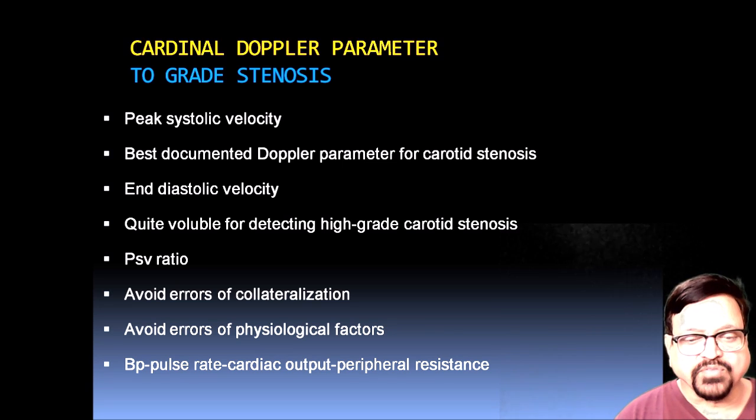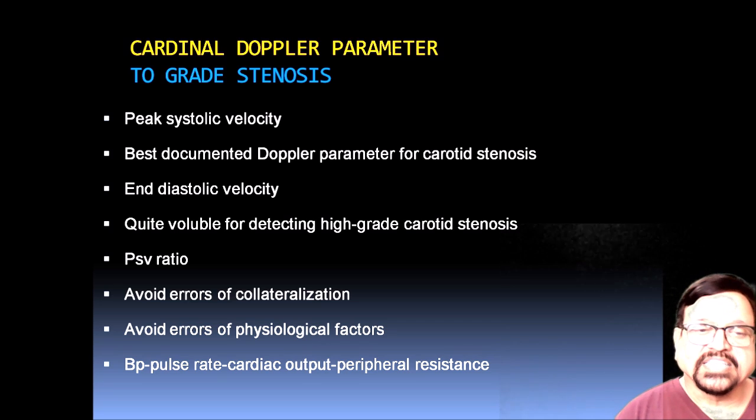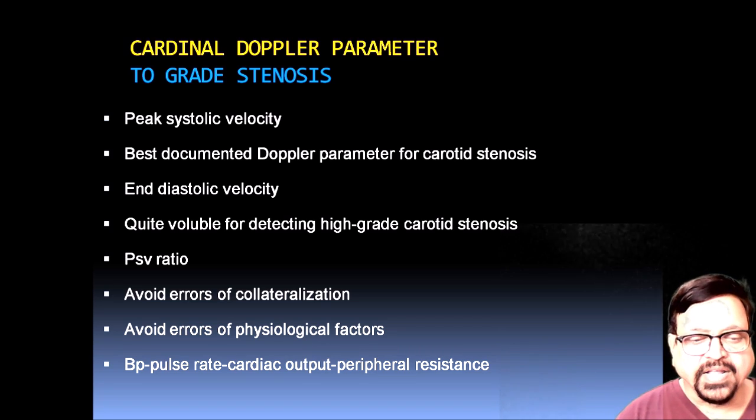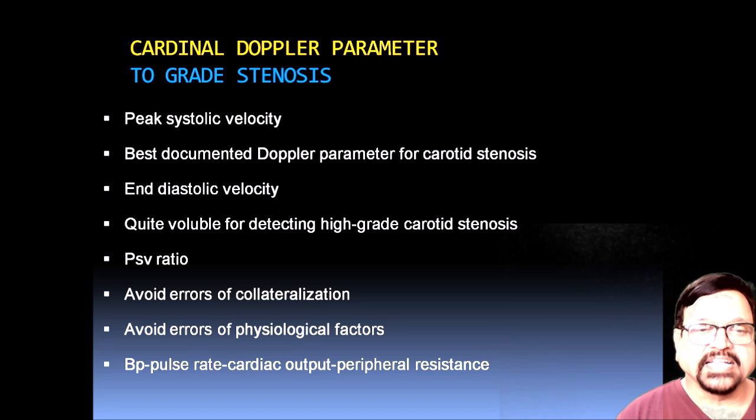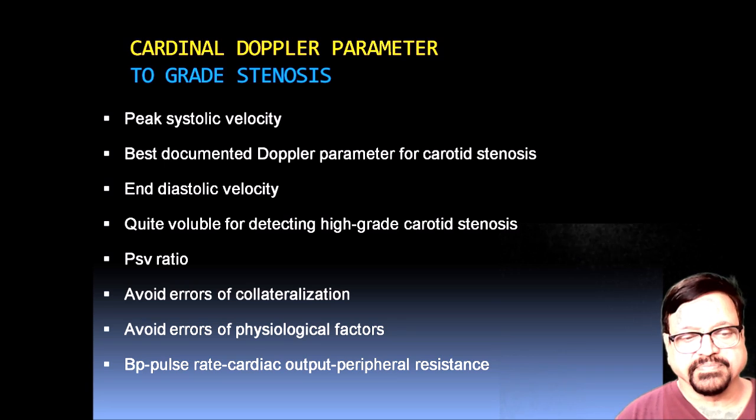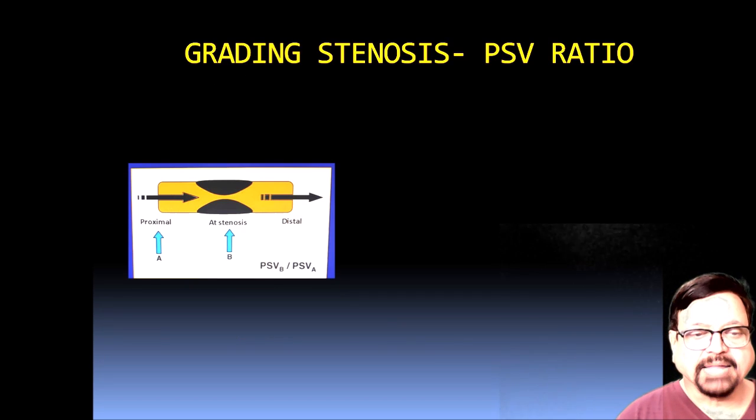And to avoid errors of collateralization, these things should be calculated, and to avoid errors of physiological factors, the blood pressure, pulse rate, cardiac output, peripheral resistance, all things need to be considered. So this is a diagram of stenosis, readings taken proximal, at stenosis and distal, and their significance.